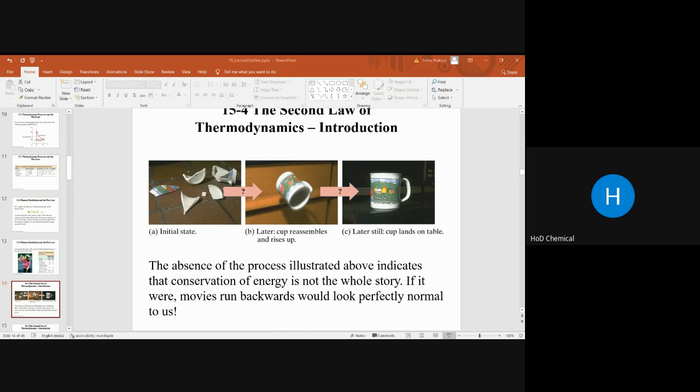And the next one is be careful of the sense of work and heat when using the first law of thermodynamics.